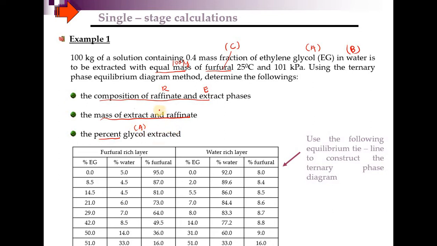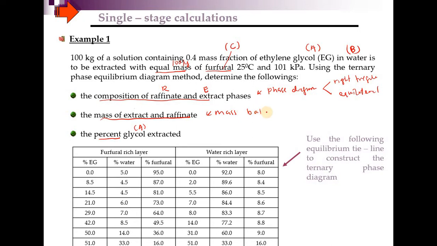As I mentioned before, in order to know the composition of raffinate and extract, we will use the phase diagram, either a right triangular or an equilateral one. And for the mass of extract, we will use mass balance.